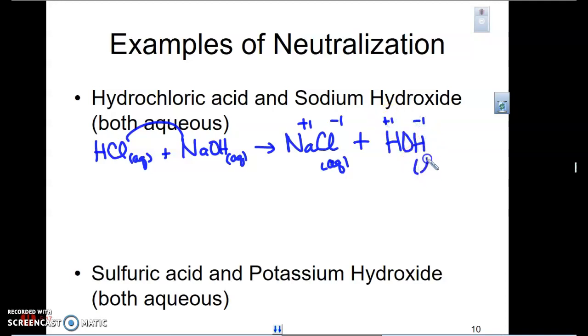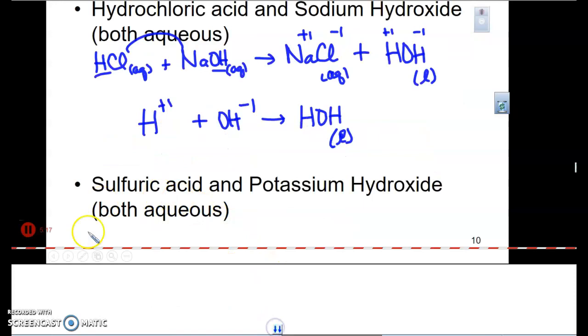Now, be careful here. That is a liquid. It's not aqueous. So they were aqueous before. They were freely moving around. But they got together and they formed a water molecule. So the net ionic is hydrogen plus hydroxide makes water. That did do something. It formed liquid. Didn't form a precipitate, it formed a liquid.